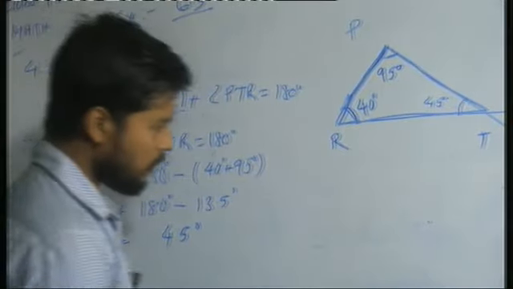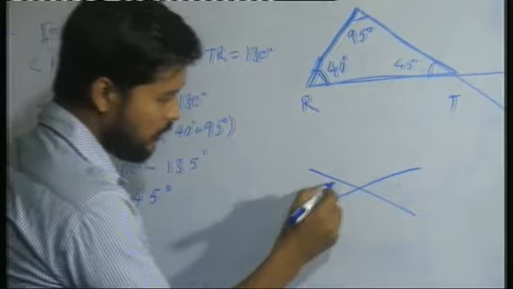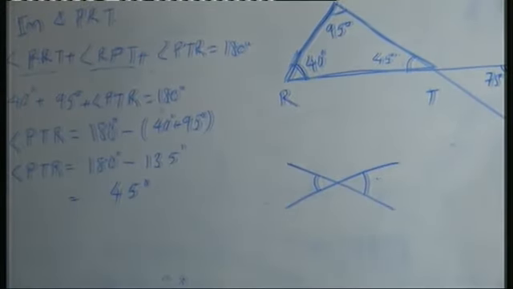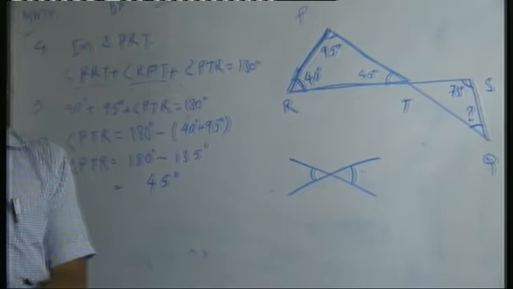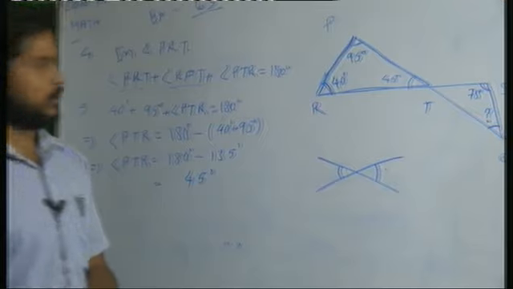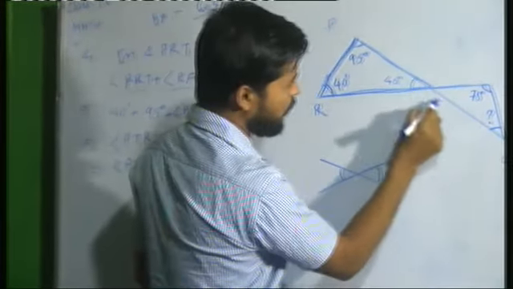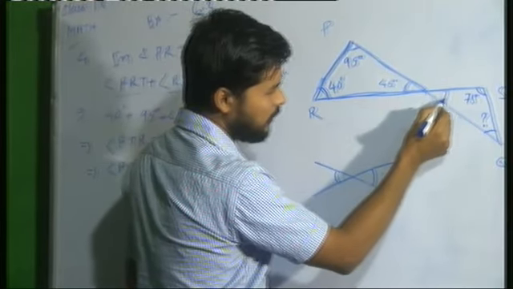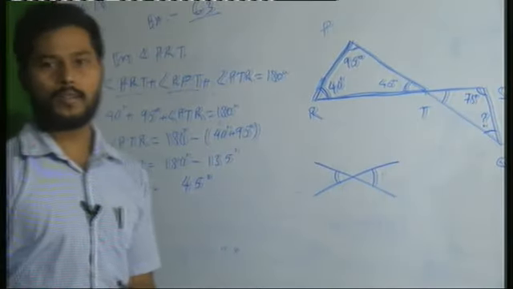Now look, if two lines intersect each other, then this pair of angles is called vertically opposite angles, and the value of vertically opposite angles is always equal. Now we can say that the line RS and the line PQ intersect at the point T. So this angle and this angle are vertically opposite angles, so the value of these two angles will be equal.